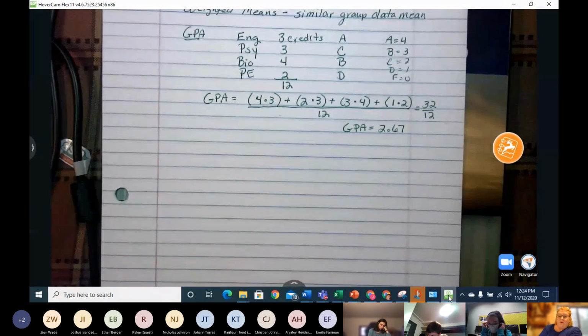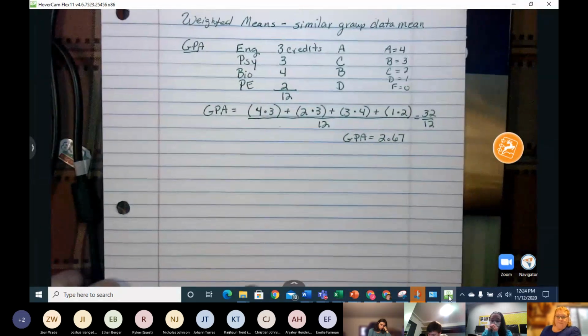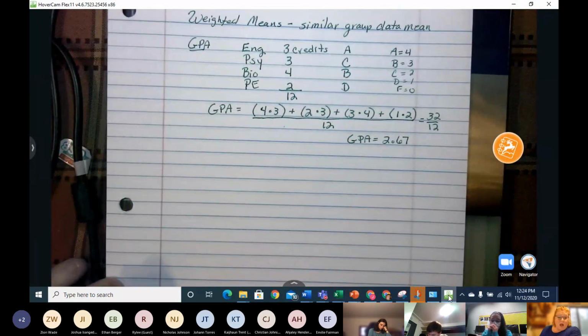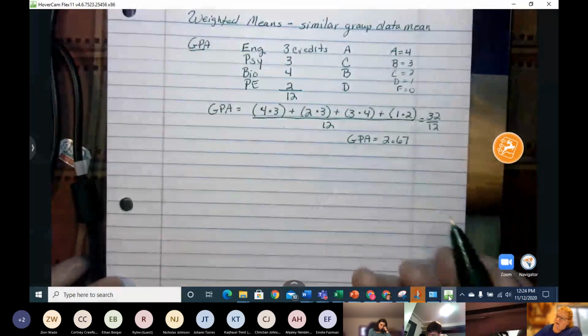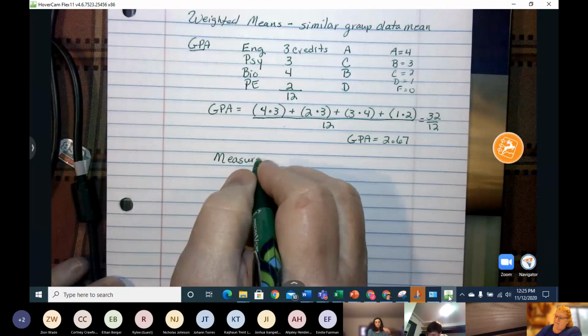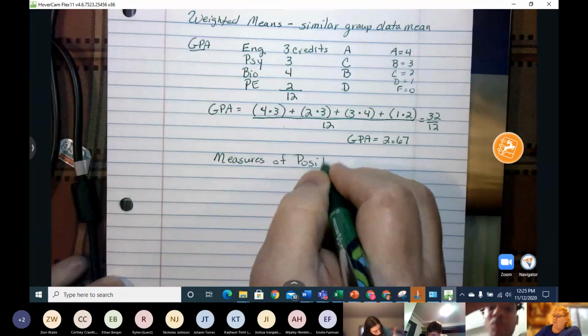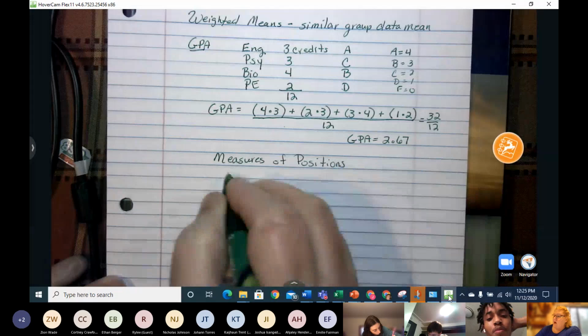Okay, we're moving on at this point to our next topic, which is measures of position. We probably will not have time to get through all of this.